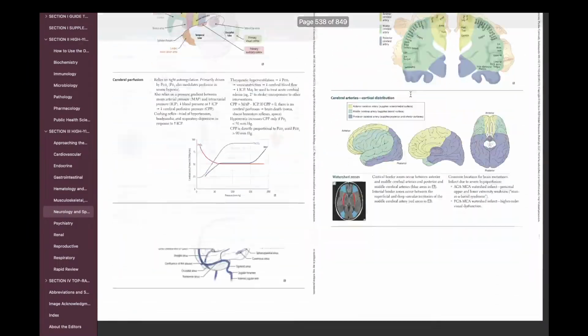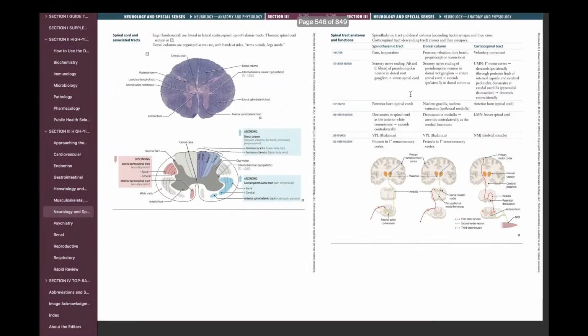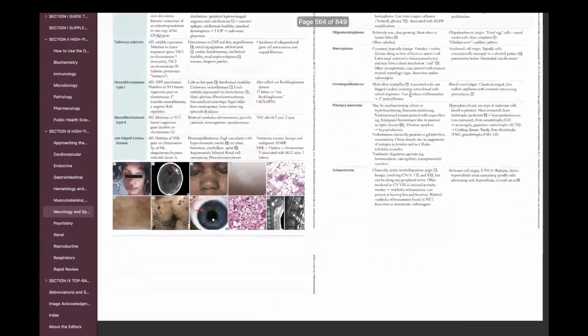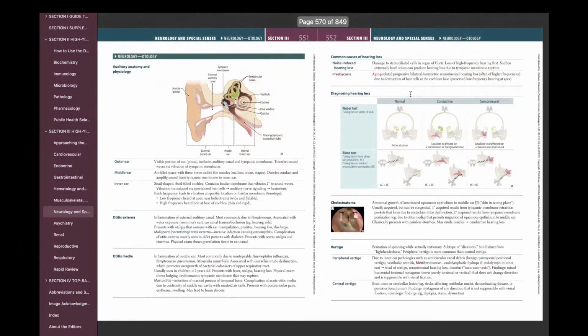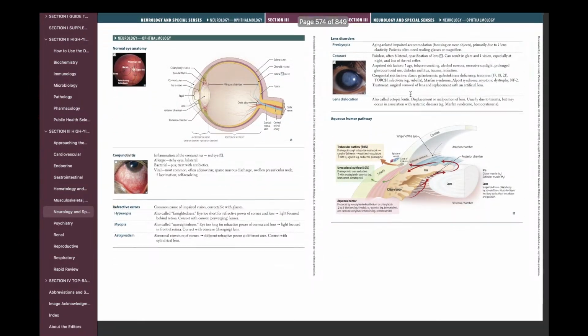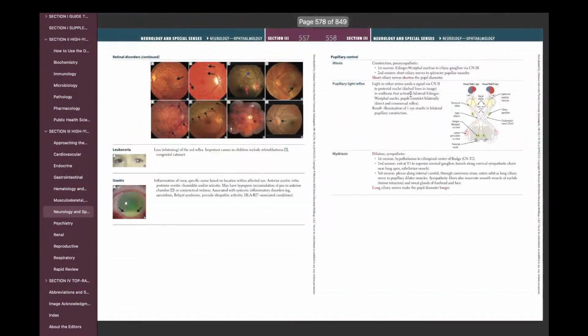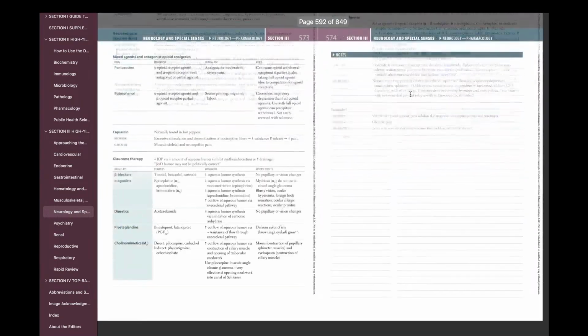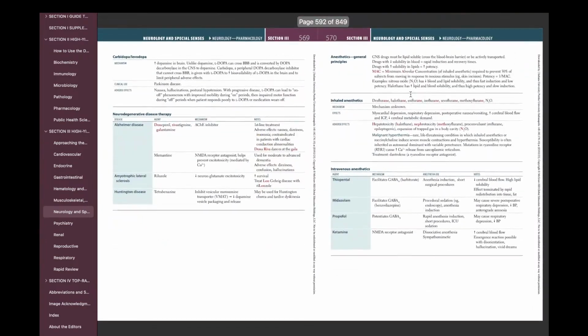How long is the neural section? So it goes all the way to 550, 560, 570, 572, 574, okay? And where does it start?